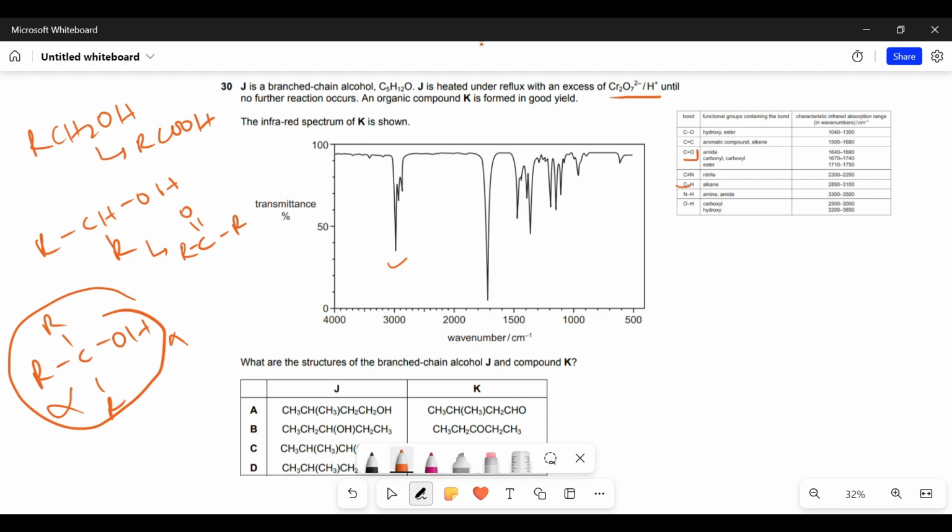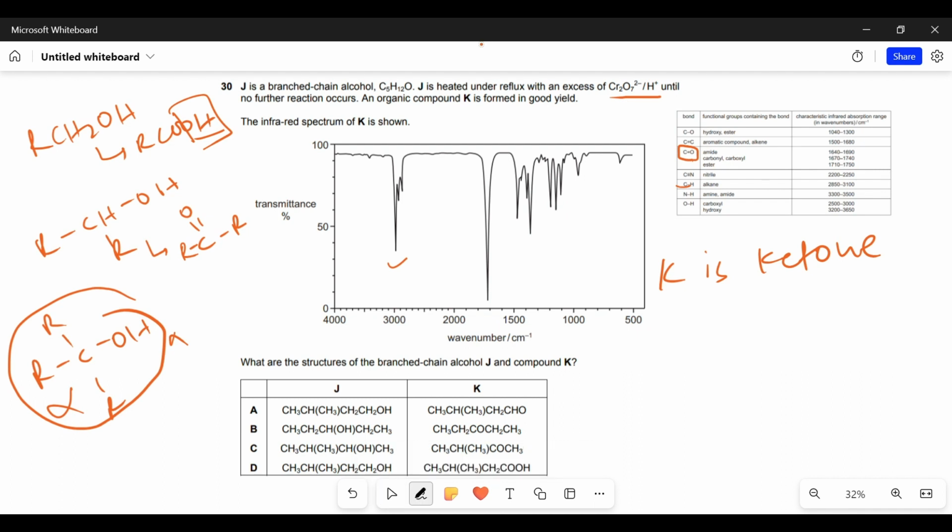It shows that this is for a C double bond O. That means this particular molecule K is a ketone, because if it was a carboxylic acid, there should be a peak for OH also. That should be at around 3200 to 3600. Since there is no peak at 3200, this is a ketone.